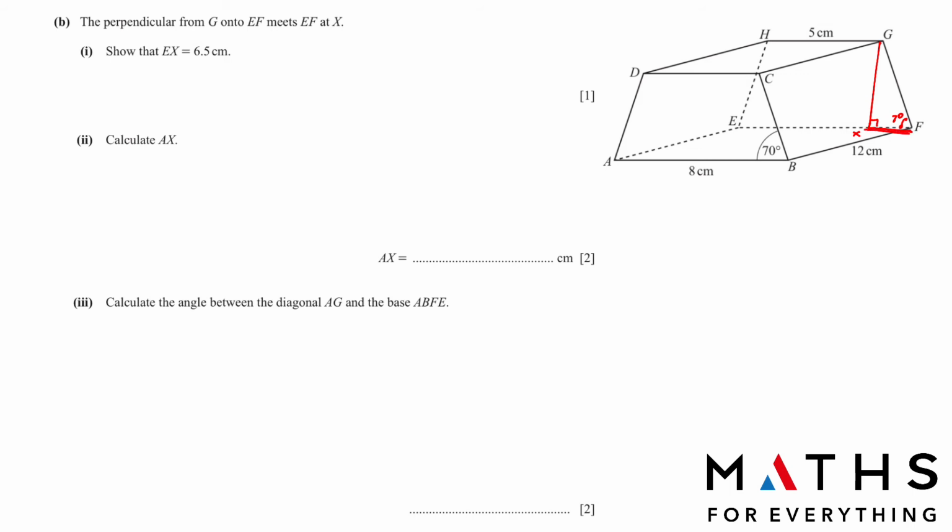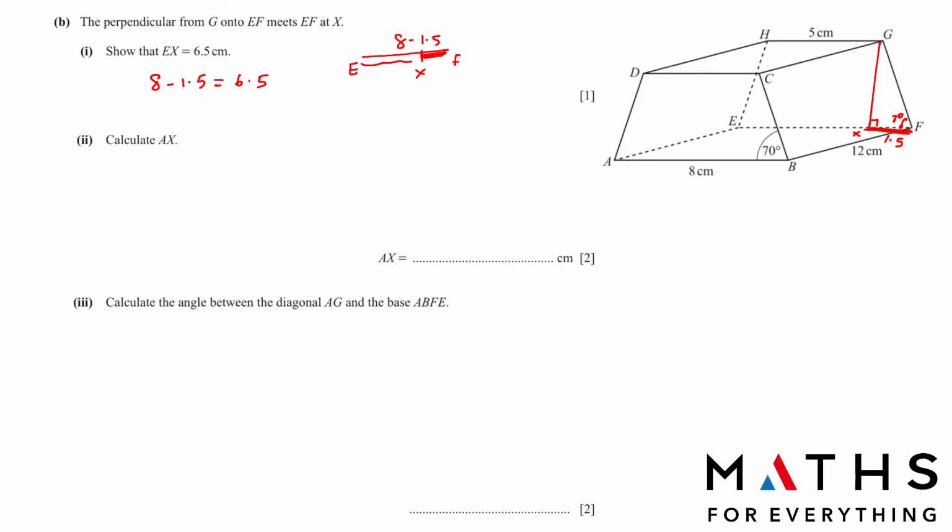So this is 1.5 from the previous question. Therefore, 8 minus 1.5 will give us 6.5. This whole line EF is 8. Out of that, this part is 1.5. So 8 minus 1.5 will give us EX.